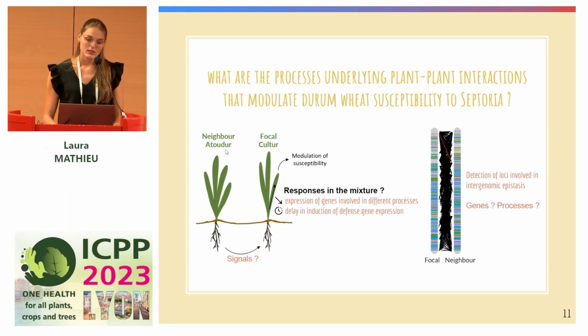So in this case, the focal plant culture is more susceptible to the Septoria, and this is associated to a downregulation of genes involved in different processes, but also to a delay in the induction of defense genes in response to the inoculation. So to go further, we would like to identify the signals that trigger modulation of susceptibility.